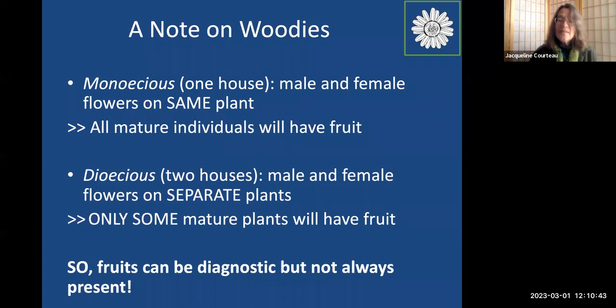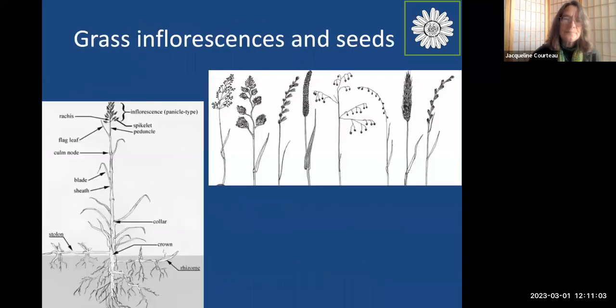So the reason that this is important for ID is that fruits can be diagnostic, but they're not always present. So just because a fruit isn't present doesn't mean that you should eliminate a species from consideration. So make sure you're looking at a sort of weighted average of all the characters you can look at.